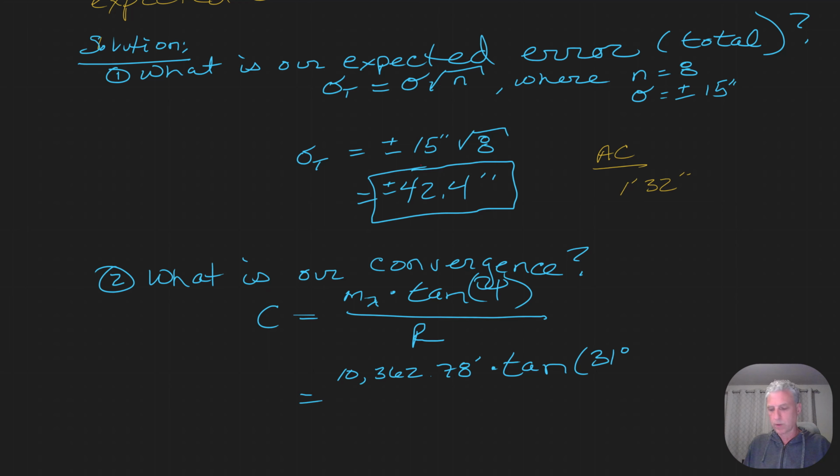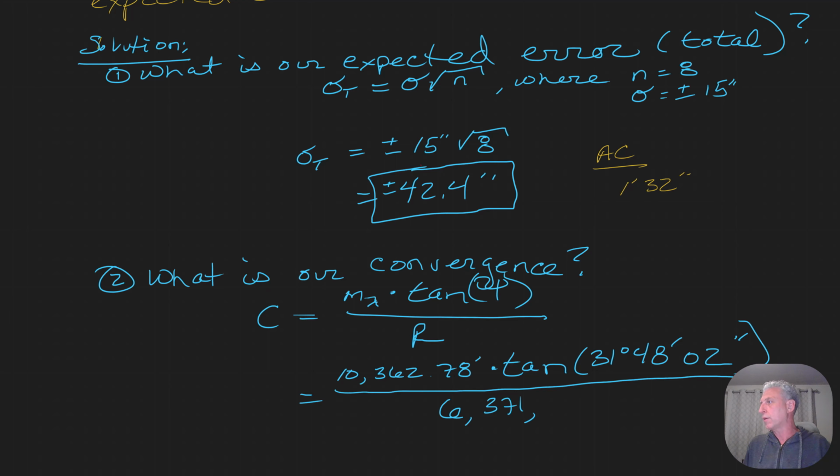And of course, we would convert all of these angles into radians. I'm going to purposely make a mistake on this and see if you catch it. So that's over R, which is our typical 6,371,000 meters, right?